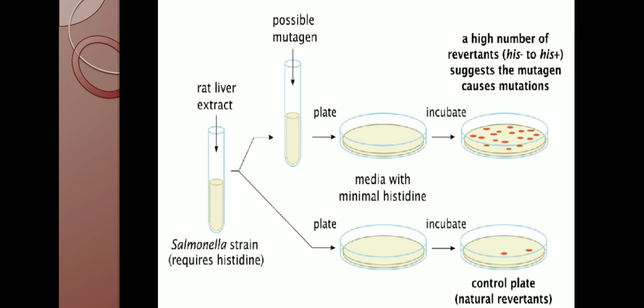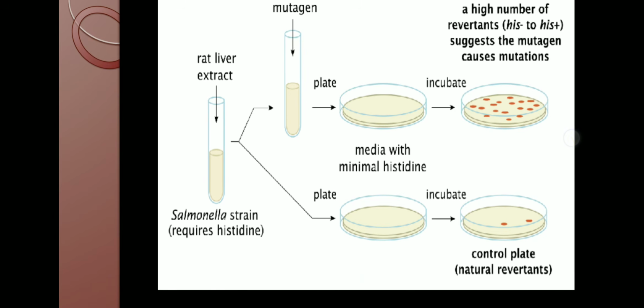So when the chemical compound is a mutagen, then a high number of colonies, revertants, can be seen. The visible growth of the organism is seen on the media. These are called revertants because initially it was mutated.